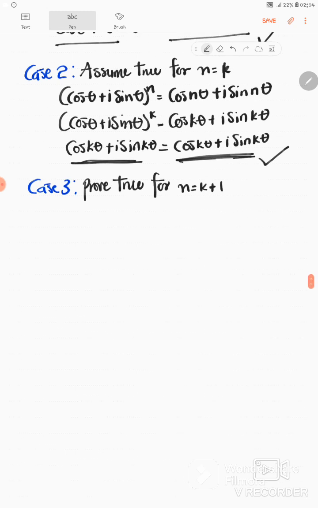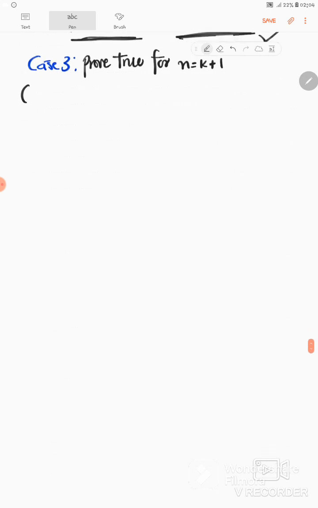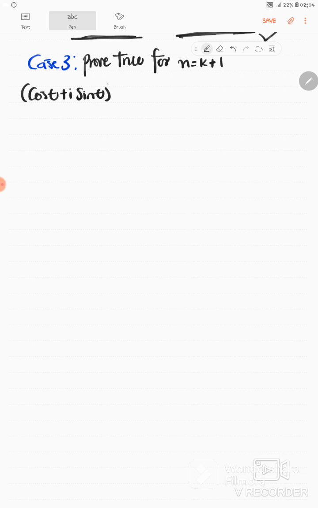Now, right now our equation, let me start from the top so it will be easier. We have (cos theta plus i sin theta) raised to power n equals cos n theta plus i sin n theta. Now, anywhere we see n, we put k plus 1.